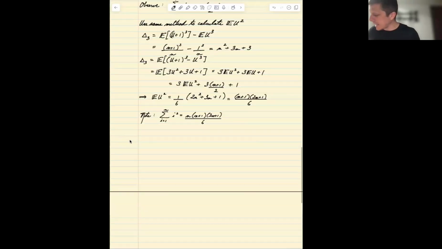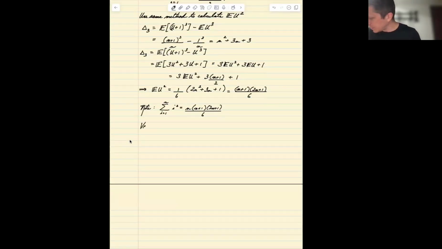The variance we know how to calculate using the computing formula. The variance of U is the expectation of U squared minus the square of the expectation. The expectation of U squared we just calculated. The square of the expectation is ((n+1)/2) squared.